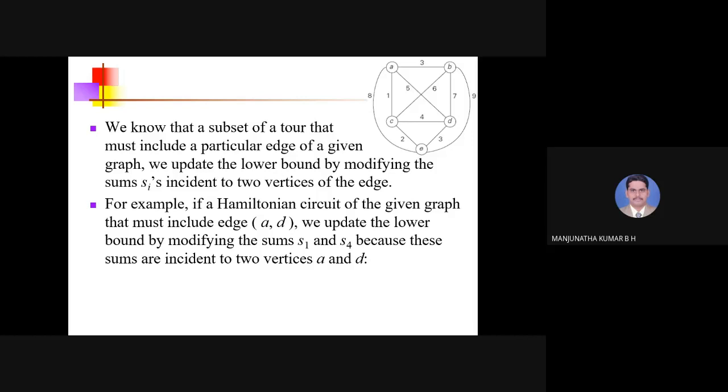suppose for the root node, when I calculate the lower bound value, I have not visited any city. Now, if you are visiting one city, that will be the source node. Let me take A as the source node.